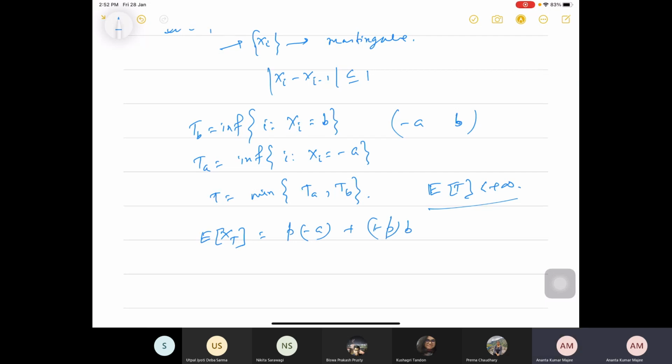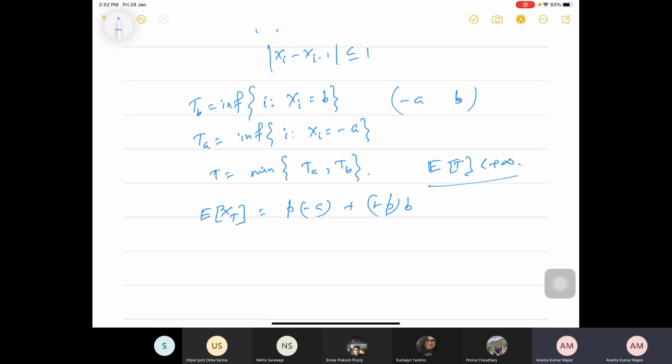That is the expected value of X of T. By the optional stopping theorem, the expectation of X_T is equal to the expectation of X_0, which is 0.